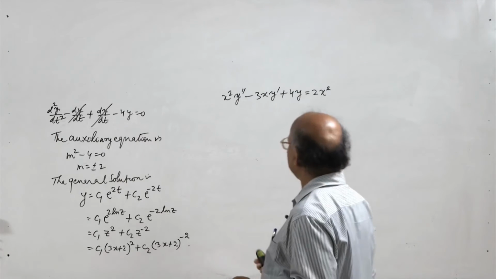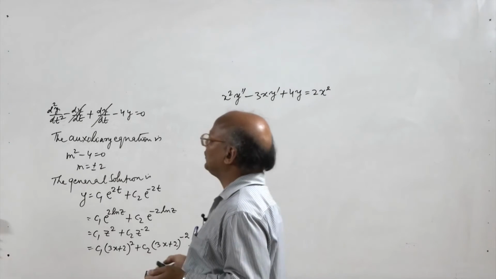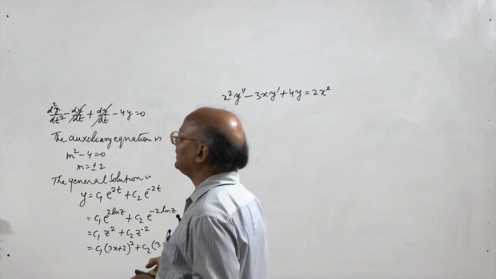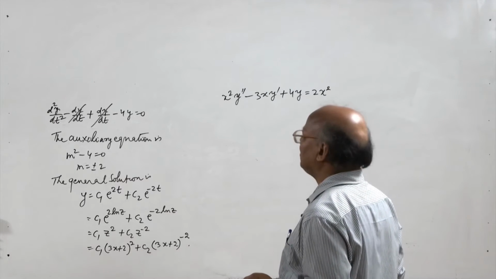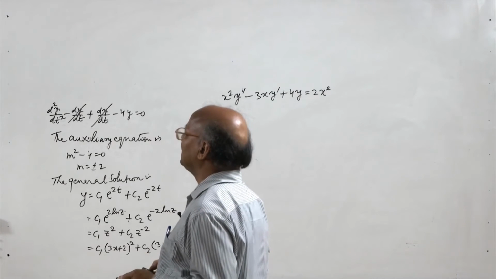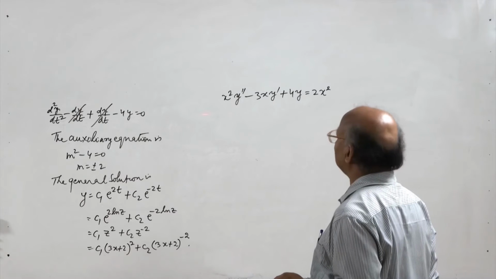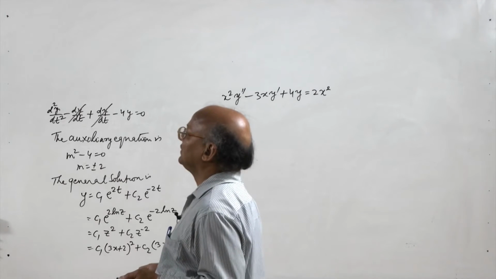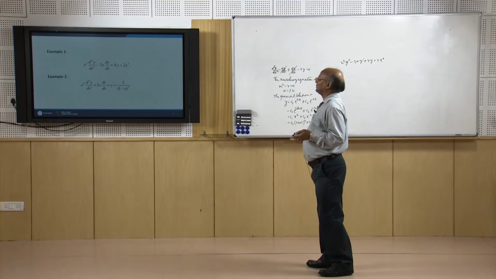When we solve a Cauchy-Euler equation in the non-homogeneous form, the method where we put x equal to e to the power z is applicable here, but the other method where we put y equal to x to the power m is not applicable, because y equal to x to the power m does not reduce the Cauchy-Euler equation into a linear differential equation with constant coefficients.